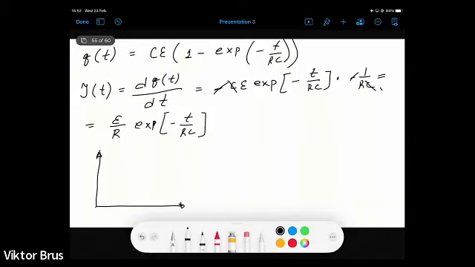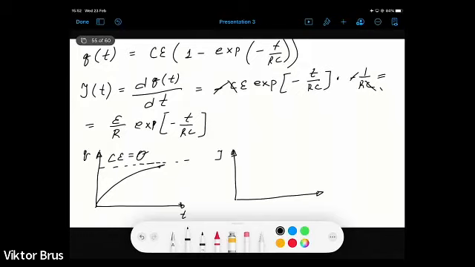So here is time, here is electric charge, and charge on the capacitor will increase like this, approaching this maximum value C times epsilon, which is equal to the maximum charge Q. And if we consider electric current as a function of time, that will be an exponentially decaying function.